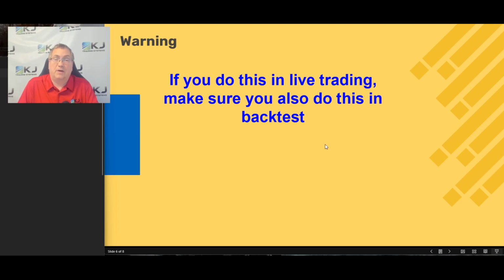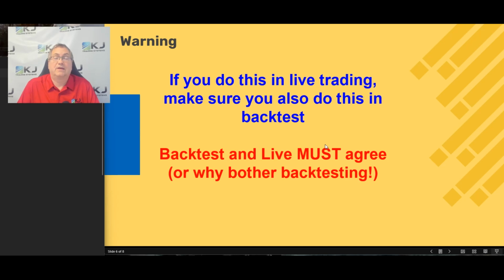One important thing to realize though, if you do this in live trading, you should also do this in your backtest. You really have to have your backtest agree with how you're going to be trading live. For example, let's say you backtest this strategy including all the dates, including that month off period in August and the beginning of September. But now when you go live, you don't want to trade that.